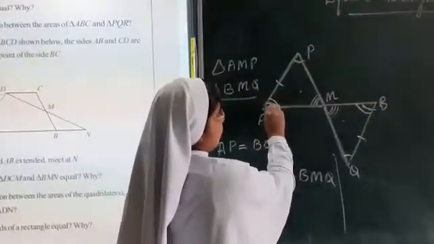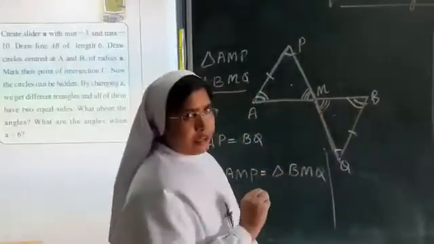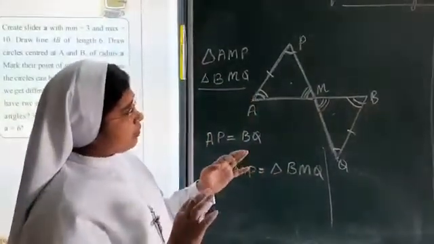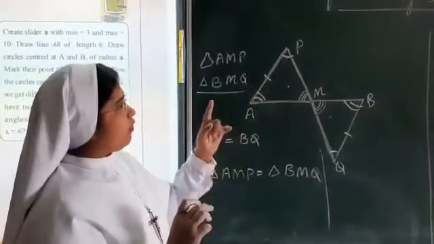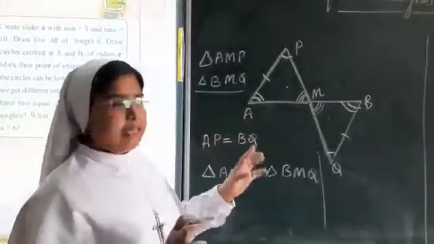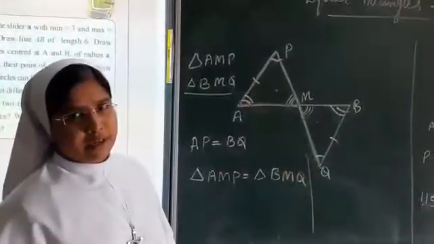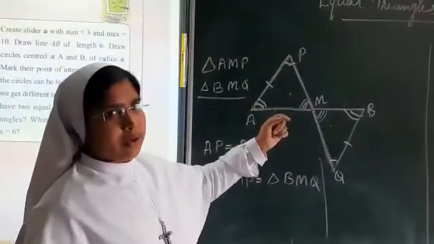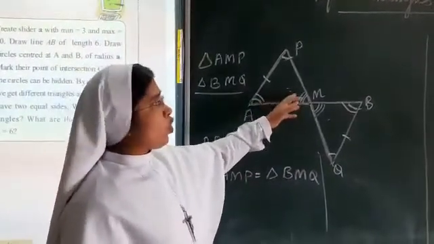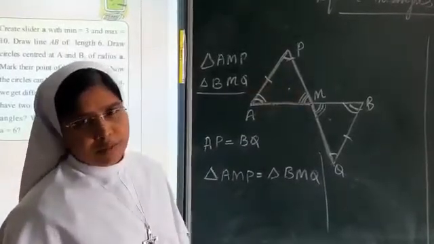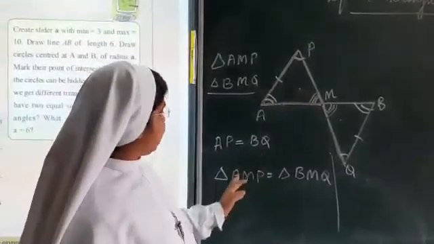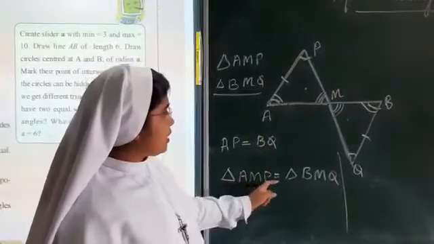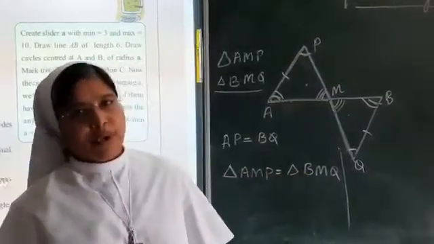Here we have angle A equal to angle B. Therefore, using the third general principle, when one side and the two angles at its ends are given, we can say that the third angle also will be equal and the sides opposite to equal angles also will be equal. So we can say that triangle AMB is equal to triangle BMQ.